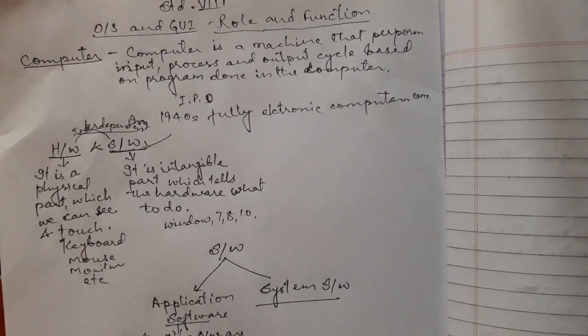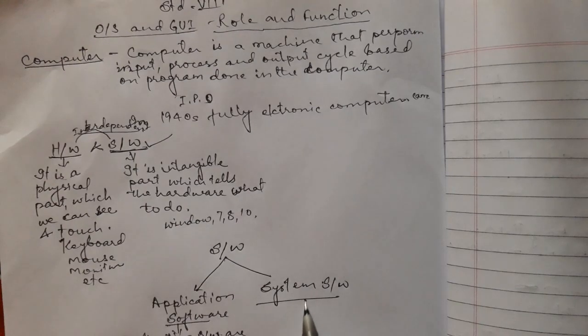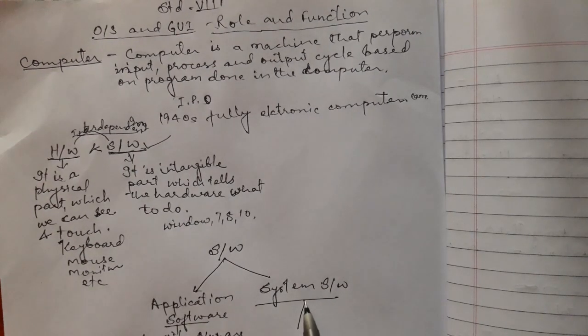Now, what is system software? System software is some software which cares about other types of software.